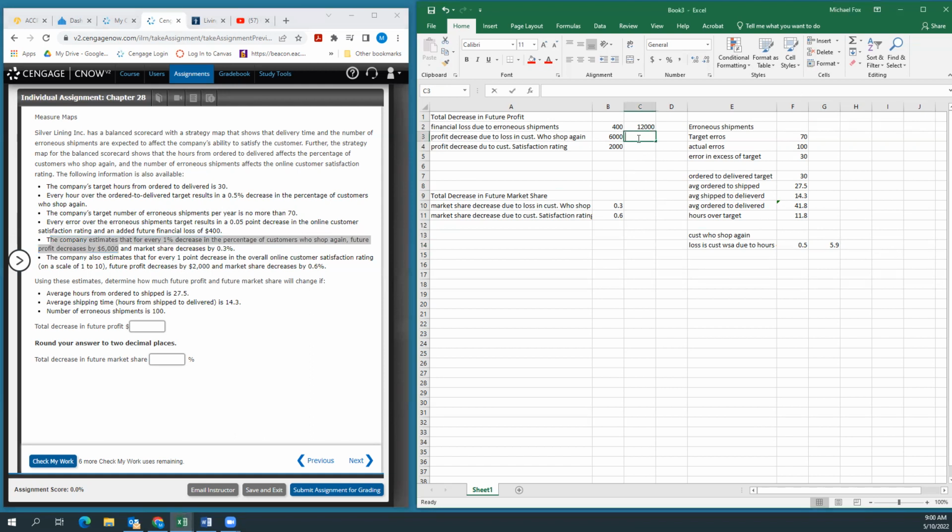We'll say this equals 6,000 times the 5.9% decrease in customers who shop again. That's a lot of money right there. And then we know our market share decreases by 0.3% for every percent change. So again, we'll just do 0.3 times the 5.9%.